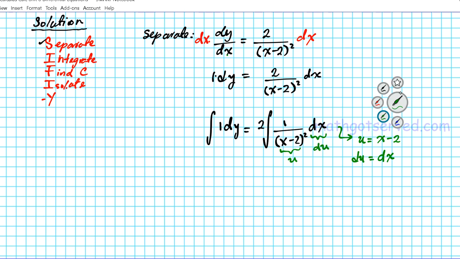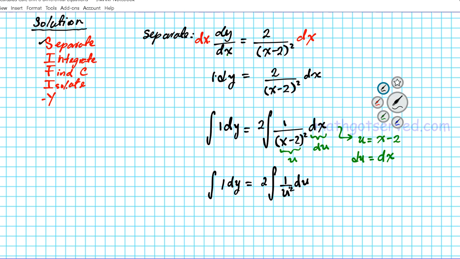It's always good to make sure you know exactly what's going where before you carry out your substitution. So we have the integral of 1 dy equals 2 times the integral of 1 over u squared du.